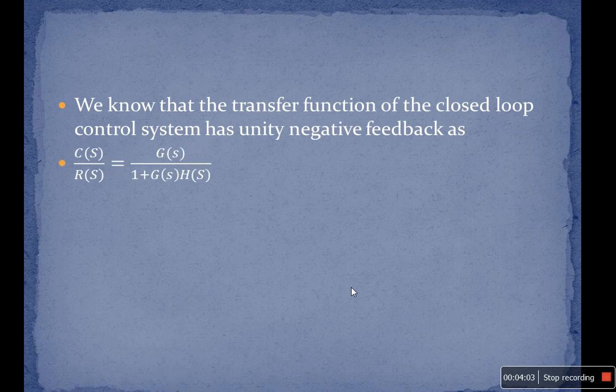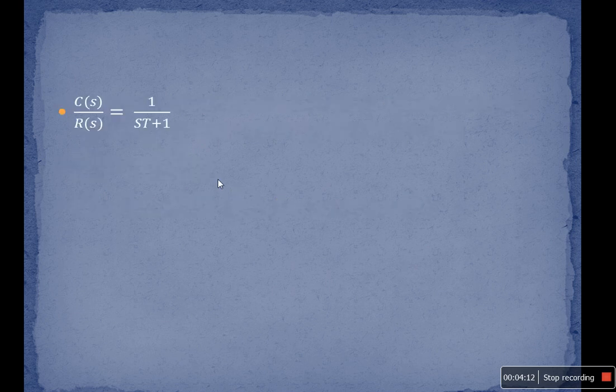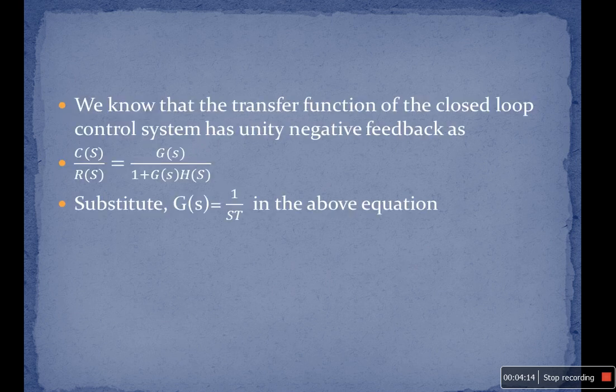So substitute the values of G of s and H of s in this equation. G of s equals 1 by s tau, H of s equals 1. Whenever I substitute, I get the equation 1 by s tau whole divided by 1 plus 1 by s tau.